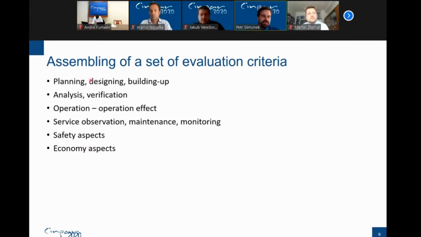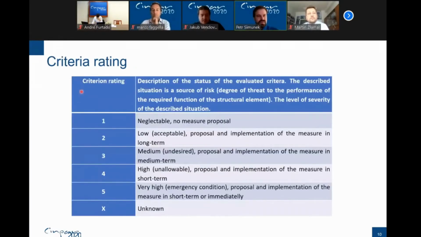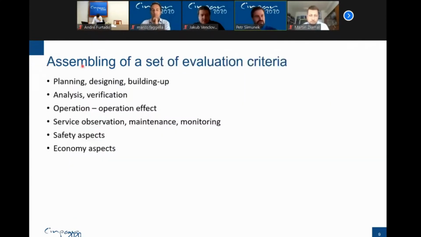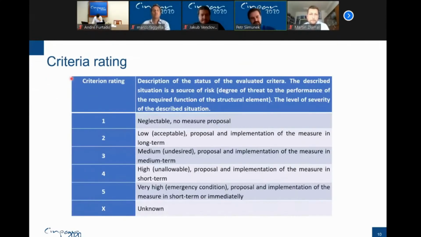So in each of these groups, there are a lot of aspects for checking and evaluation. For each of these parts, we have prepared a form of questions, and for all these questions we give the criterion rating.